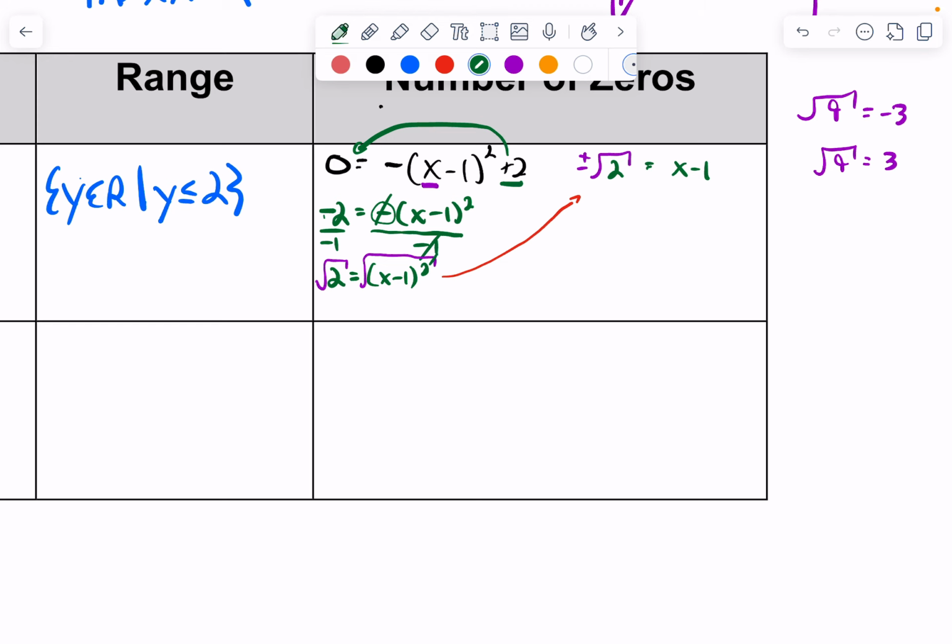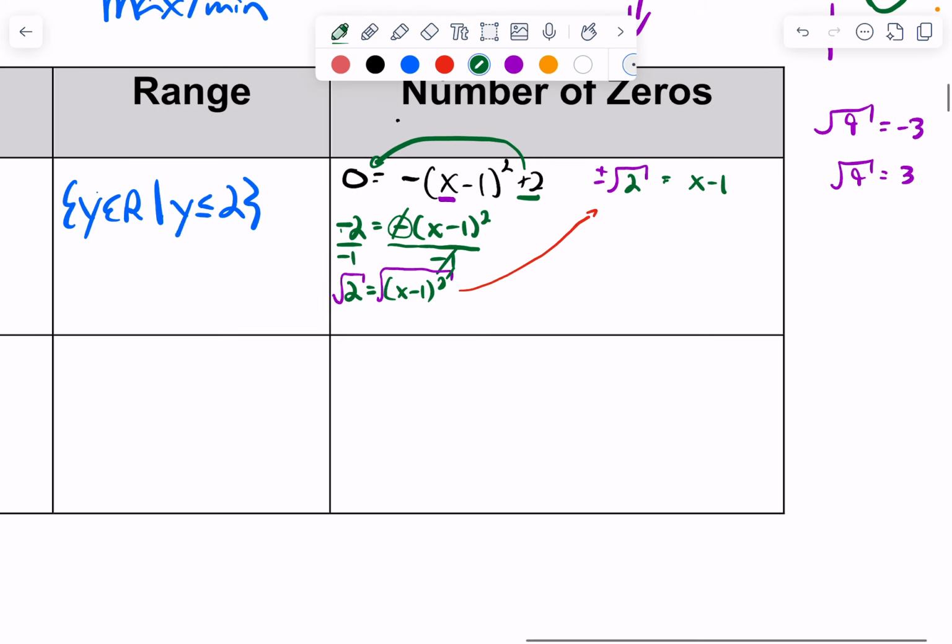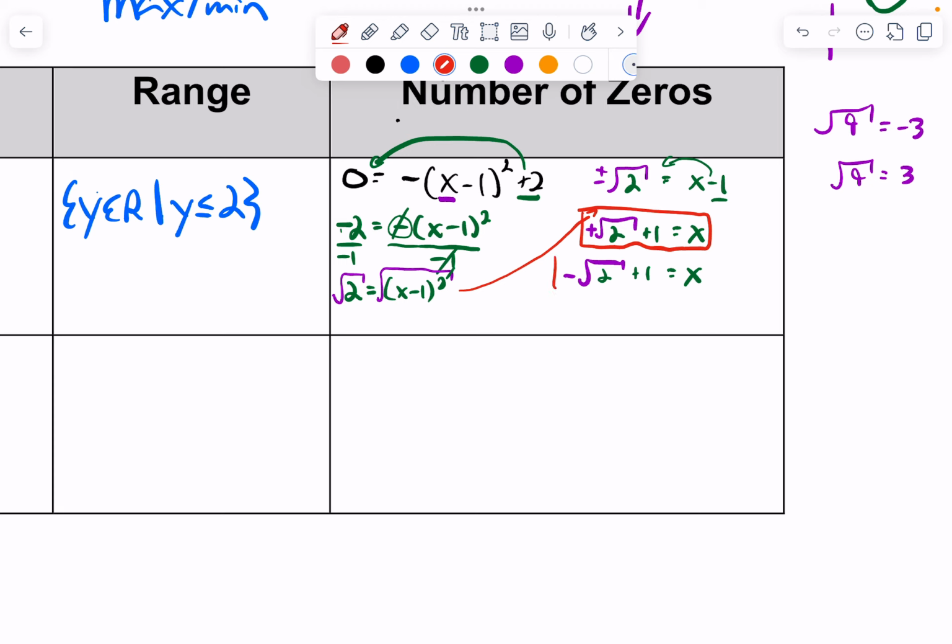Well, then your solution is either going to be, if we bring this 1 over, the positive version of root 2 plus 1, that can give you one of your solutions. Or it could be the negative of the root of 2 plus 1, and that could be your other solution.